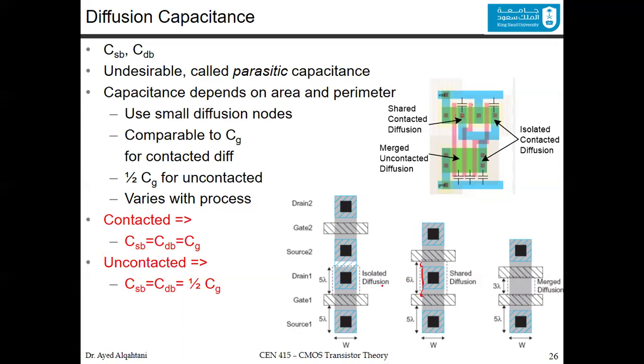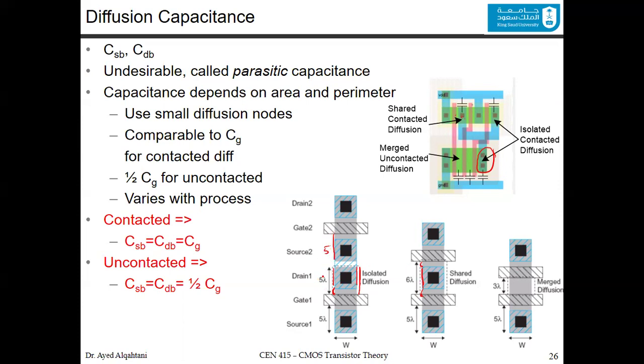Now, what if we make them isolated? It's not shown here, but if we make the contact, well, actually this one is isolated here. If we make the contact isolated, then you have a contact 4 lambda here and 1 more here. So 4 and 1 is 5 lambda. And you have the same here.